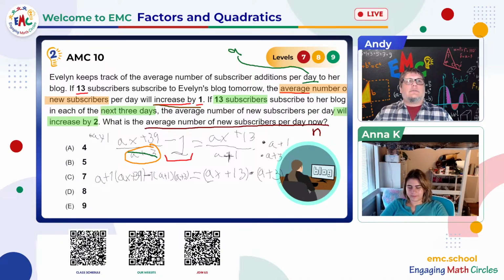Okay, so now I want to get the X's on their own.